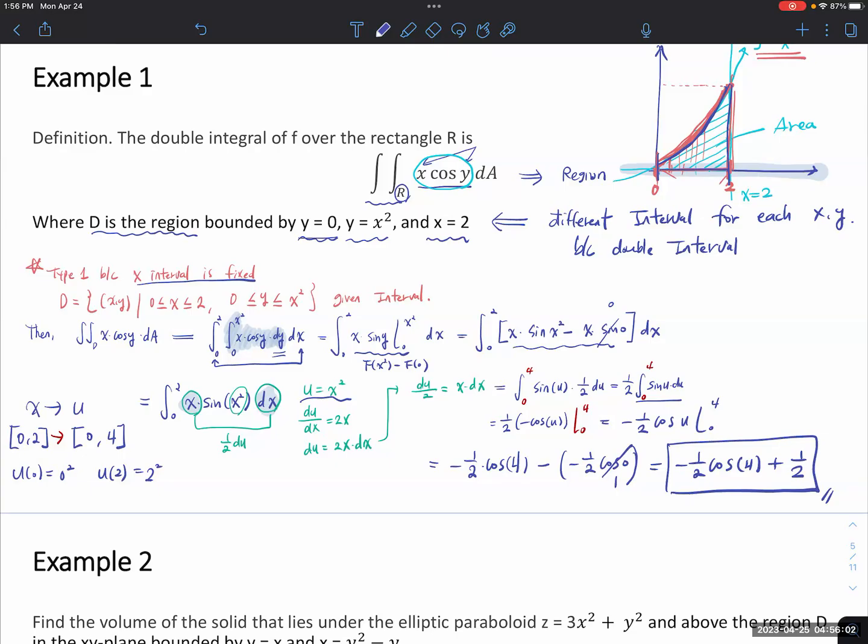The rest of the work is literally the calculation part of the double integral. You guys have been practicing how to take the integral since calculus 2, so I'm not worrying about that too much. But if you forgot the u substitution, just go back to calculus 2 and check it out. All right, that's what it is.